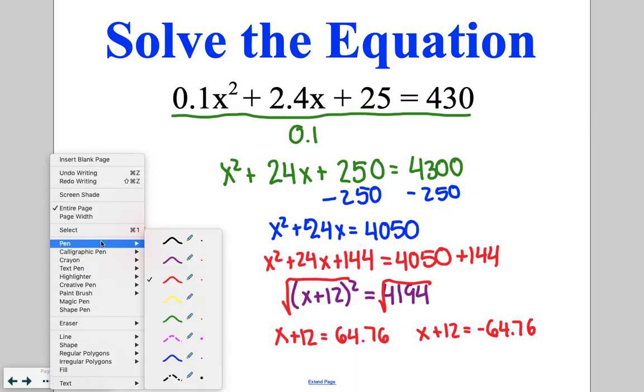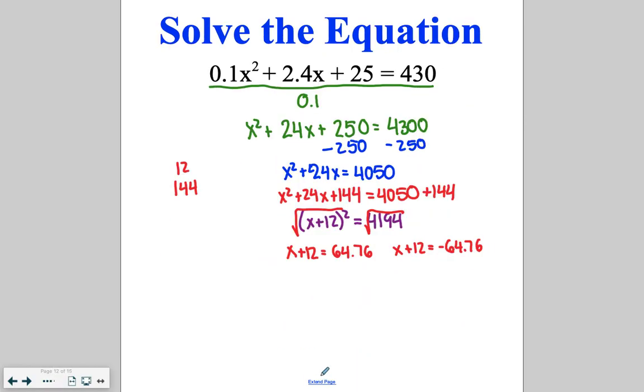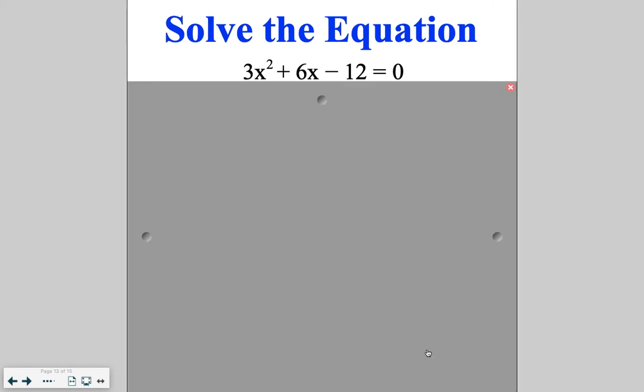And then to finish up this problem, I need to subtract 12 from the first one. So when I do that, I'm going to get an answer of x is equal to 52.76. And then when I subtract 12 on the second one, I'm going to get an answer of x is equal to negative 76.76. Go ahead and try this one on your own.